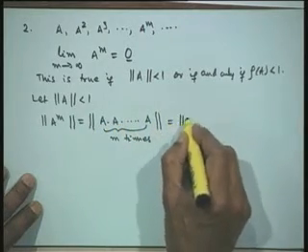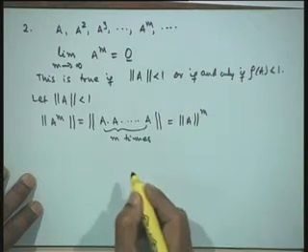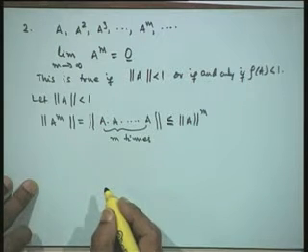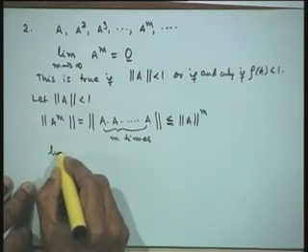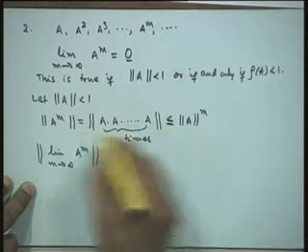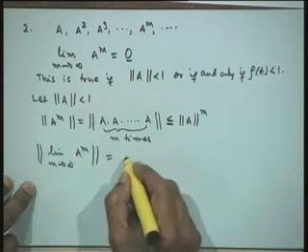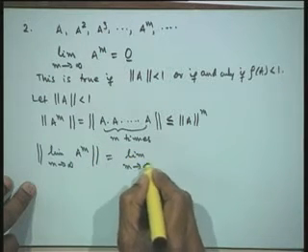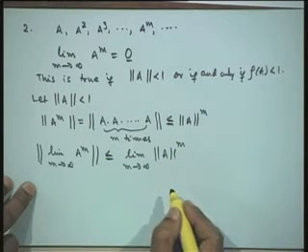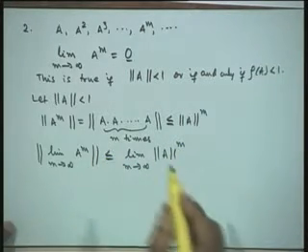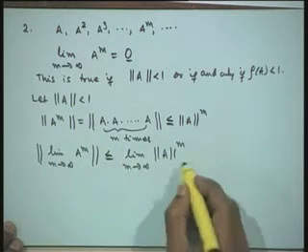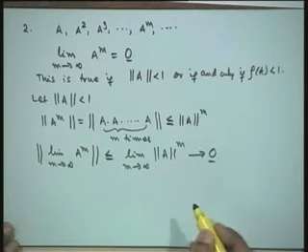So this will be less than or equal to norm of A to the power of m. Now let us take limit. Limit of m tending to infinity, norm of A to the power of m. Now apply the limit here. Limit m tending to infinity of norm of A to the power of m. Now norm of A is given as less than 1. Therefore norm of A to the power of m, m tending to infinity, will tend to zero, so A to the power of m tends to a null matrix.